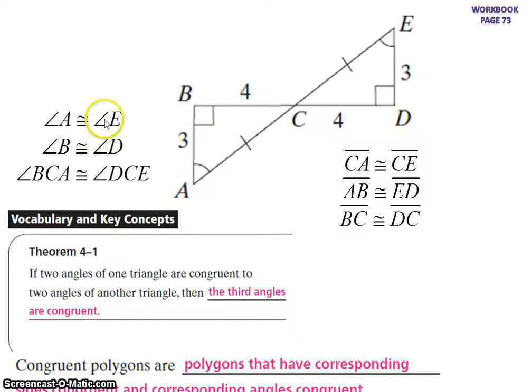So look what we have. We have 3 angles that are congruent, and we have 3 sides that are congruent. So based on this statement down here in this theorem, we can conclude that yes, this triangle here, the one on the left, is congruent to the one on the right.